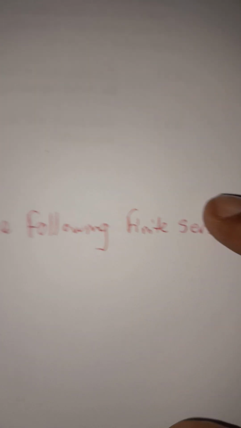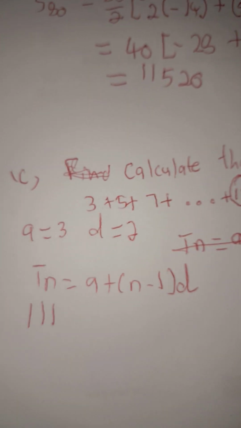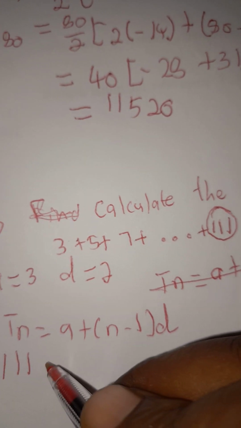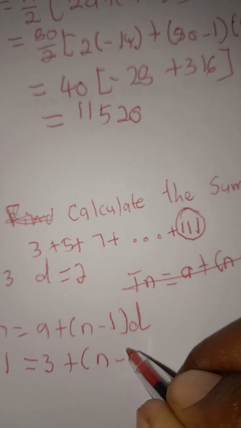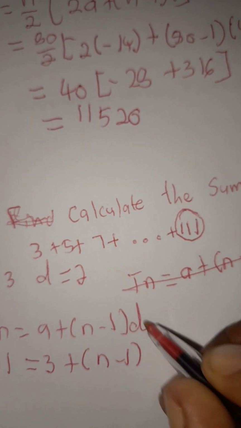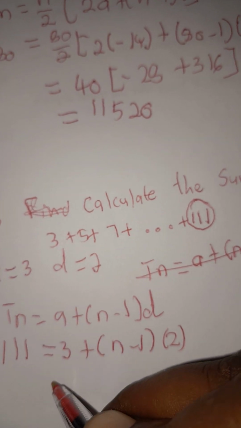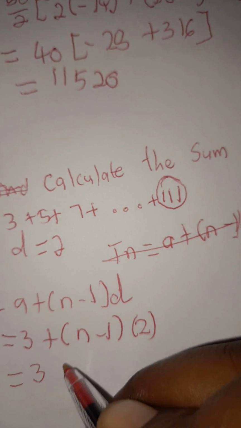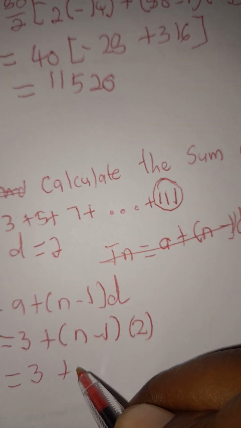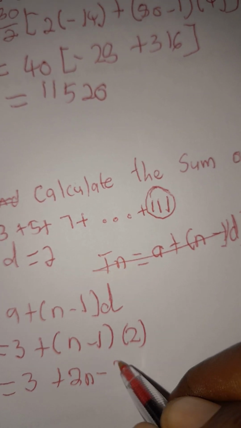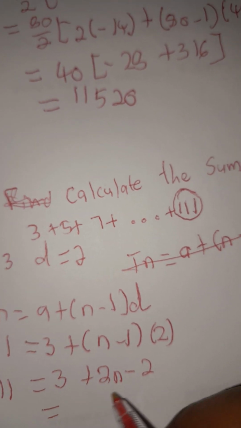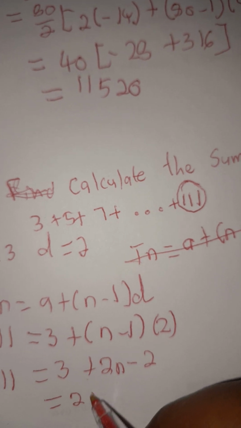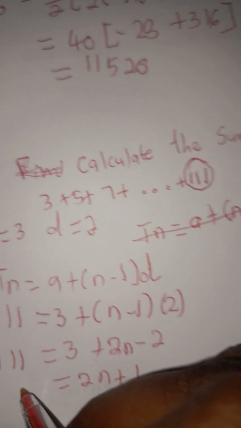Is it 111, triple one? Yes. The first term is 3, n minus 1, we're looking for n, then d is 2. So let's work this out. 2 will multiply everything inside the bracket, so it will be 2n minus 2. Then 111 there. 3 minus 2 will be 1, so we are having 2n plus 1.